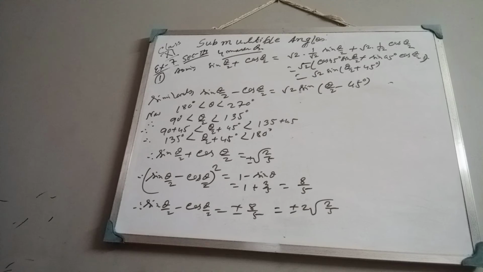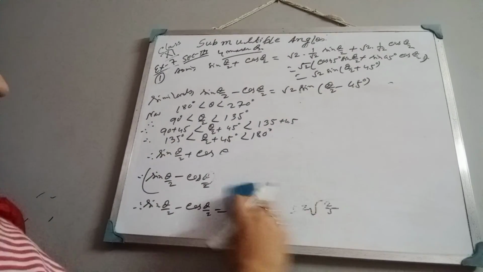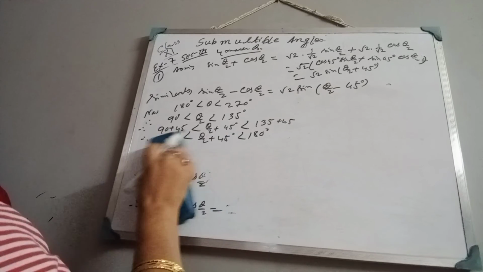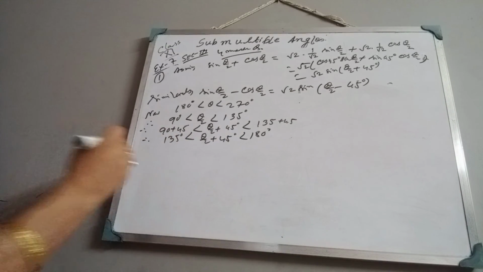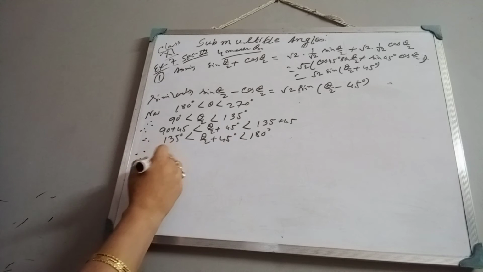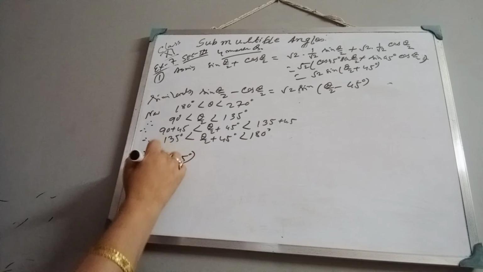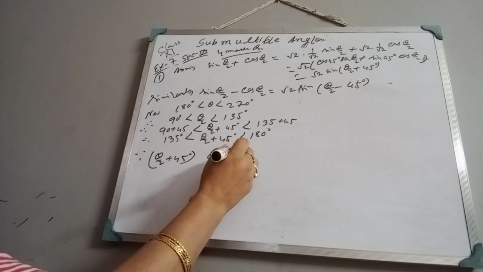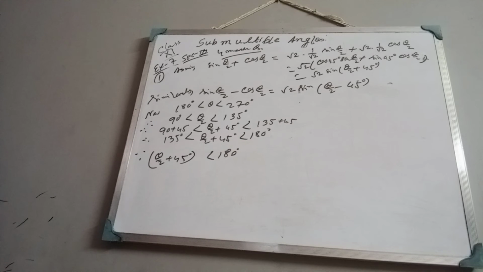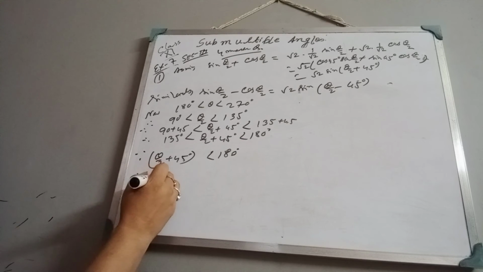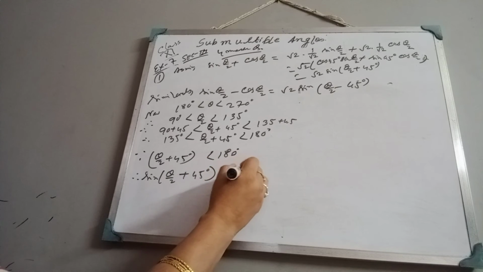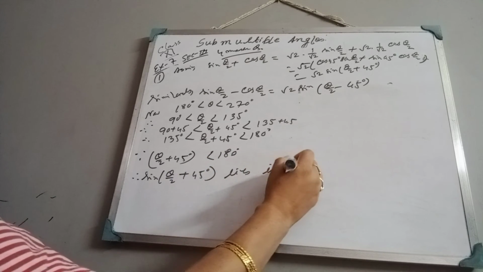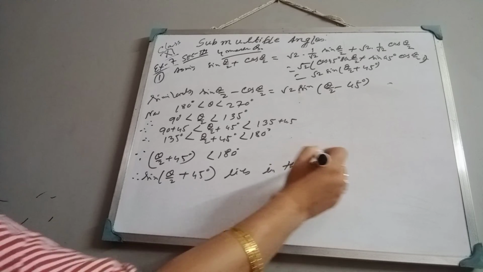Therefore, since θ/2 plus 45 degree is less than 180 degree, sin(θ/2 + 45 degree) lies in the second quadrant.